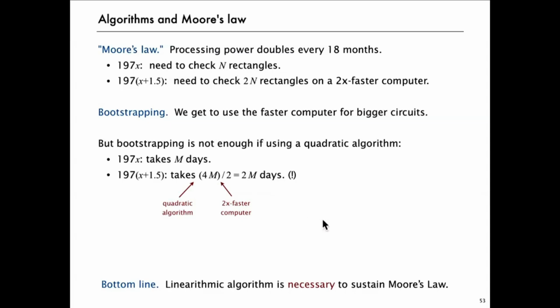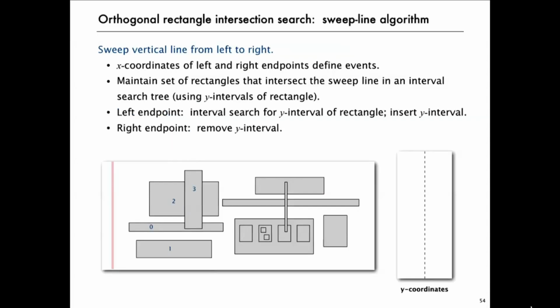And it was Ed McCreight at Xerox PARC who discovered interval search trees and the logarithmic algorithm that allowed us to sustain Moore's law and keep building bigger and bigger computers by changing this quadratic algorithm to a linearithmic algorithm. And let's see how it works.